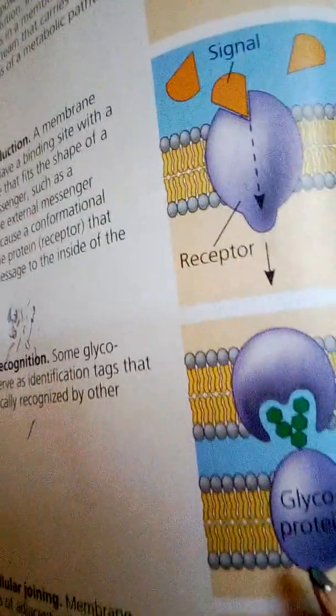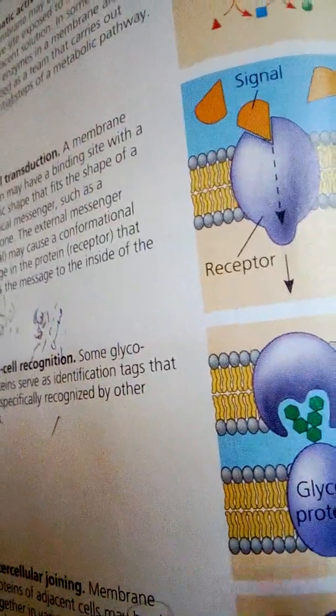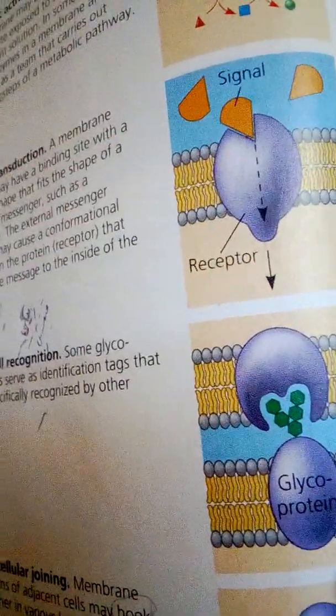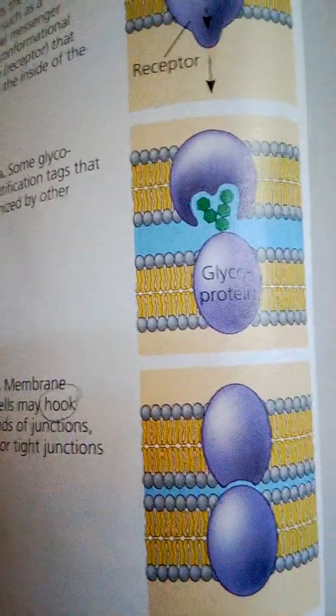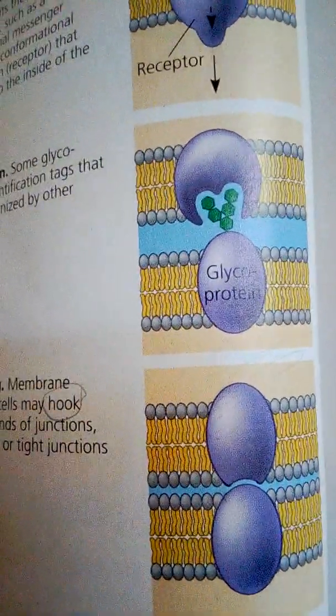Membrane proteins of adjacent cells may hook together in various kinds of junctions, such as gap junctions or tight junctions. Notice that picture. The last function, attachment to the cytoskeleton and extracellular matrix, ECM.